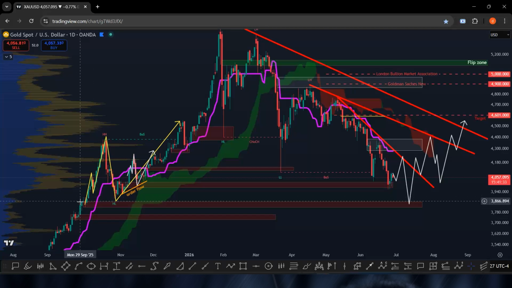So for example here, when we form a very solid break of structure, before that we form a high low, higher high, lower low, and after that we broke the structure to the upside.